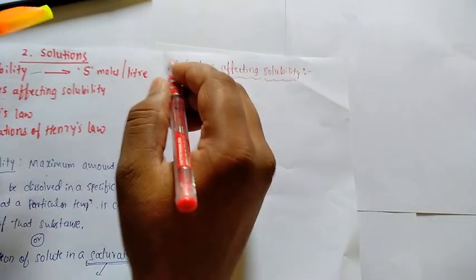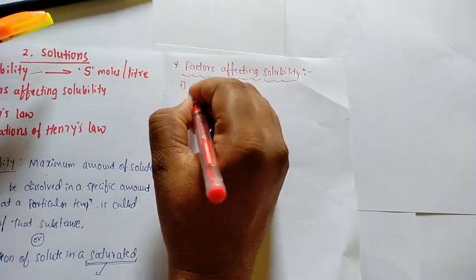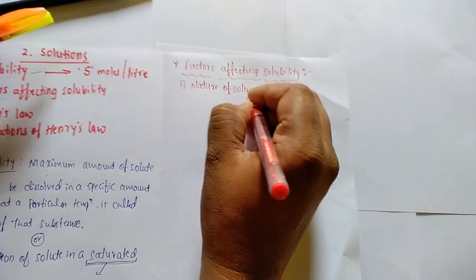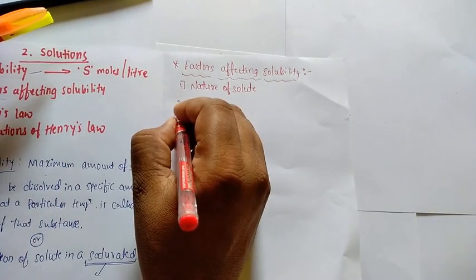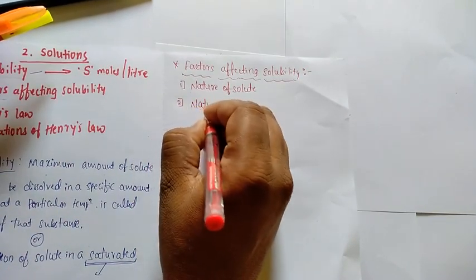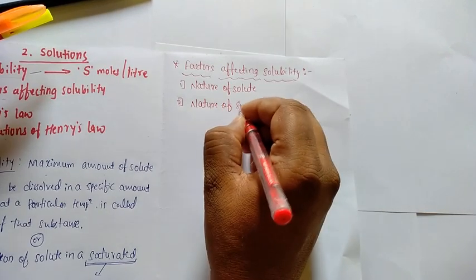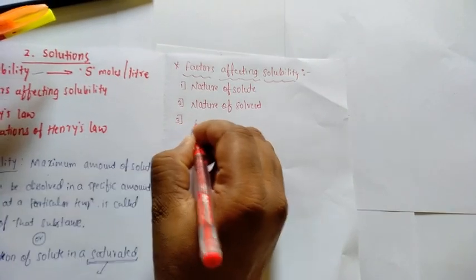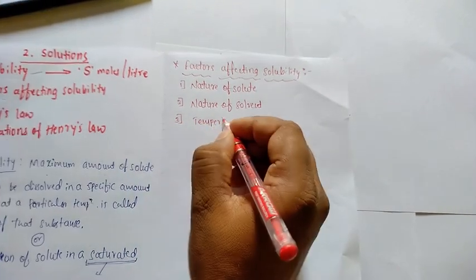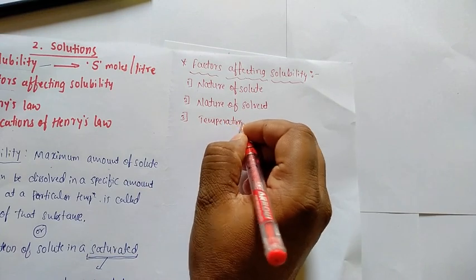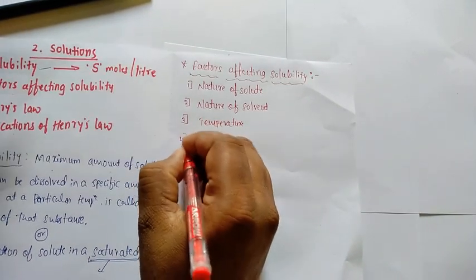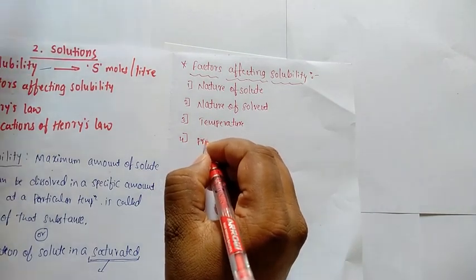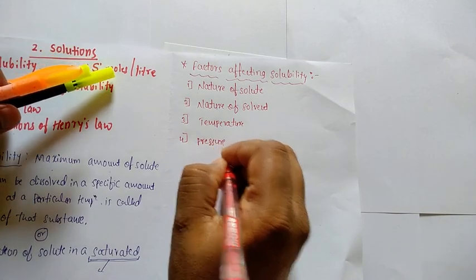The first one is nature of solute, the second one is nature of solvent, the third one is temperature, and the fourth one is pressure.